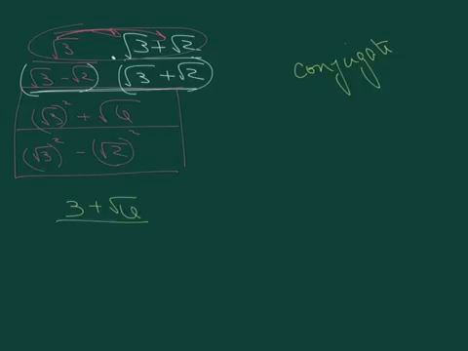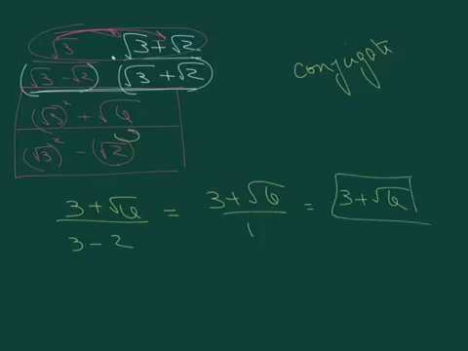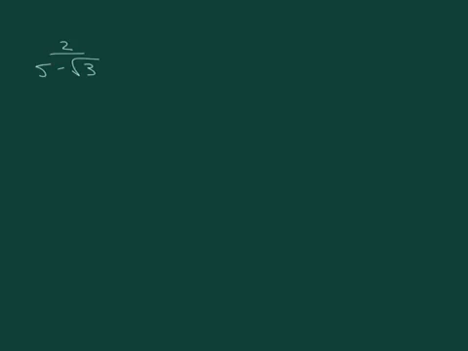On the bottom, square root of 3 squared, the radical goes away. Square root of 2 squared, the radical goes away. So 3 plus the square root of 6 ends up being our answer.